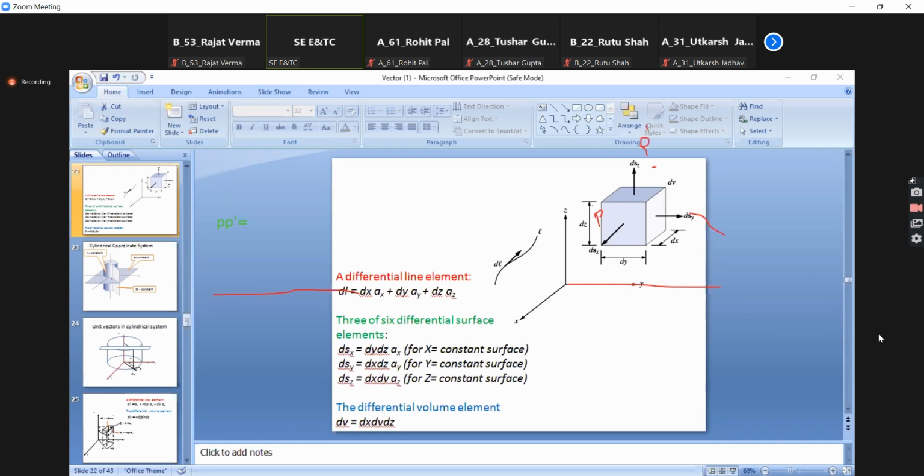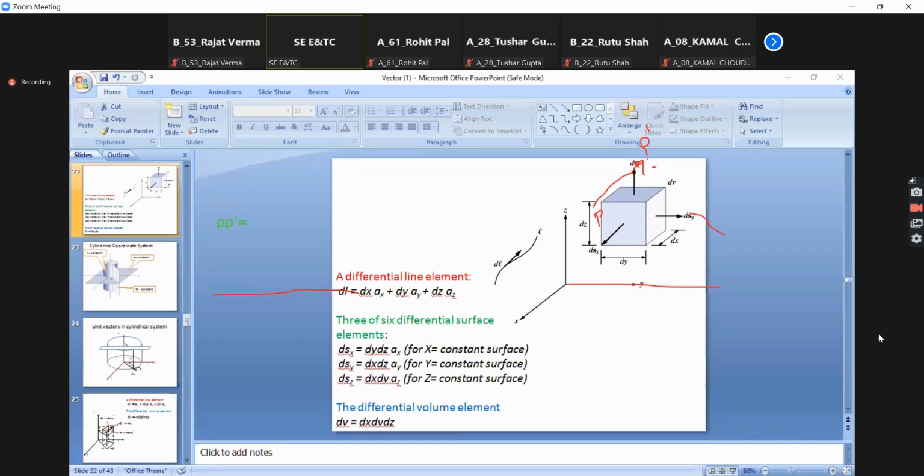So there are three surfaces corresponding to P, and there are 3 surfaces corresponding to P dash, and I'm joining this particular distance, P to P dash. This is the vector I'm referring to, that is the differential line element. So these 2 points, if I join the corresponding planes, give me a cuboid.